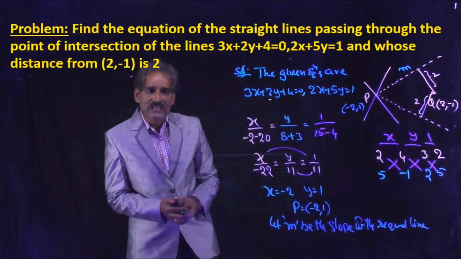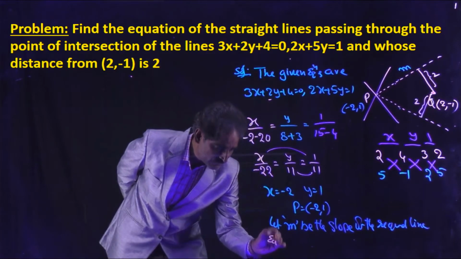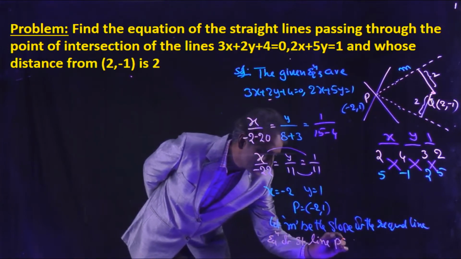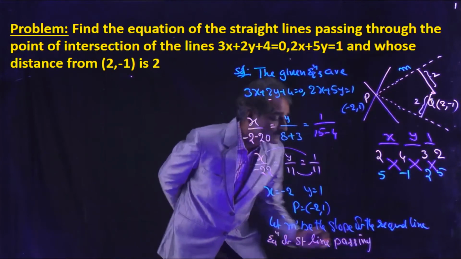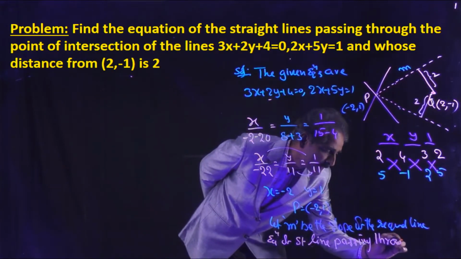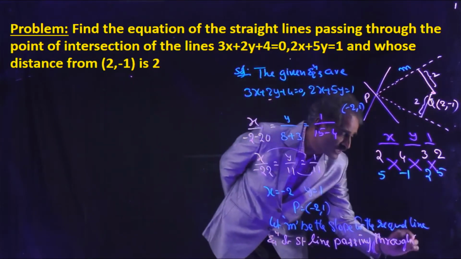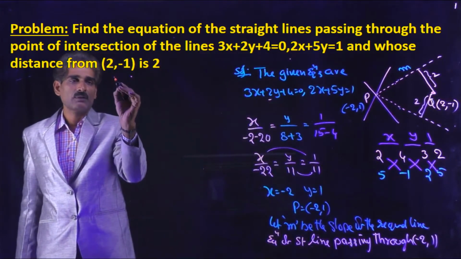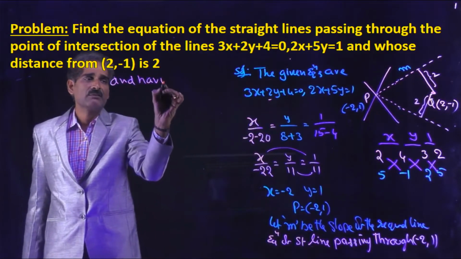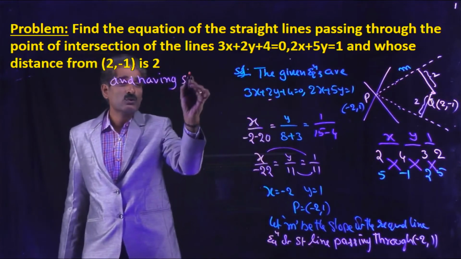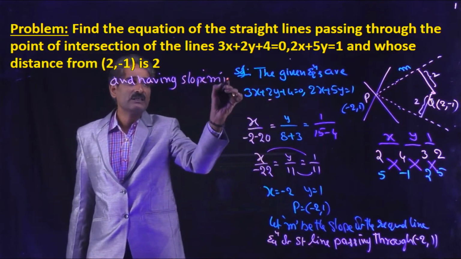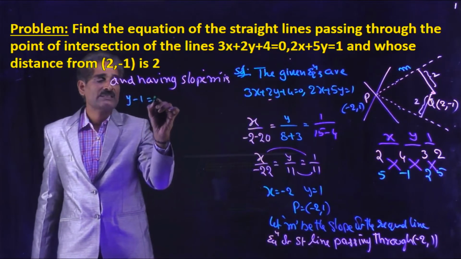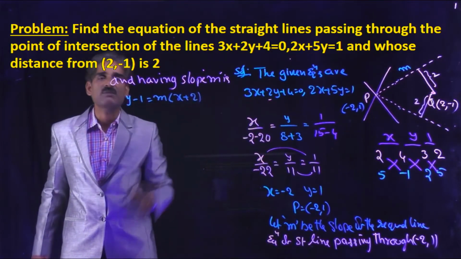The equation of the straight line passing through the point (-2, 1) and having slope m is y - y1 = m(x - x1), that is, y - 1 = m(x + 2).